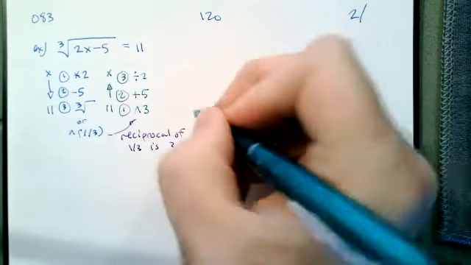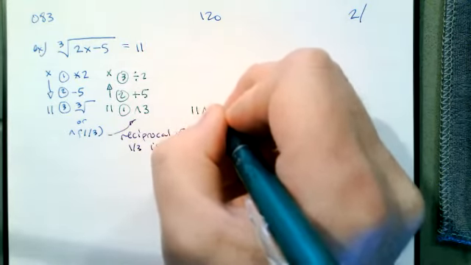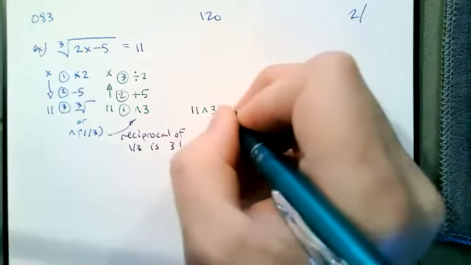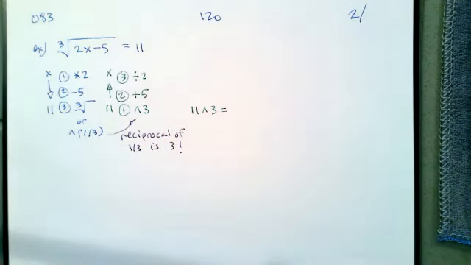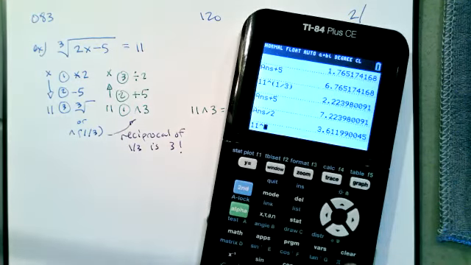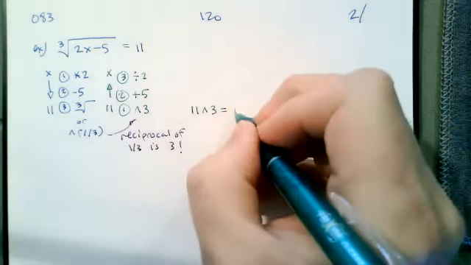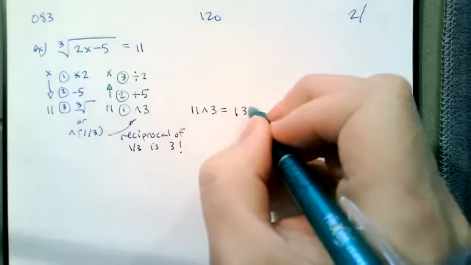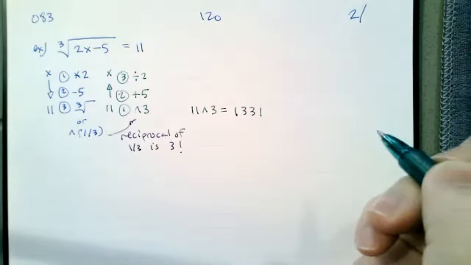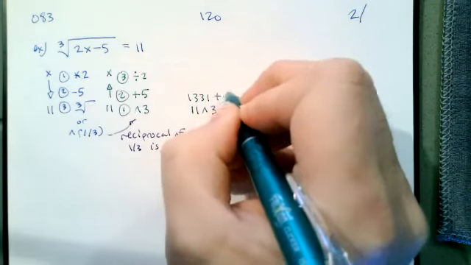We're going to grab our calculator, and we're going to say, hey, calculator, what is 11 to the 3rd power? And our calculator is not going to say anything because it's a typing thing, not a speaking thing. We raise 11 to the 3rd power, and we get 1,331. Then we take the 1,331 and we add 5 to it.